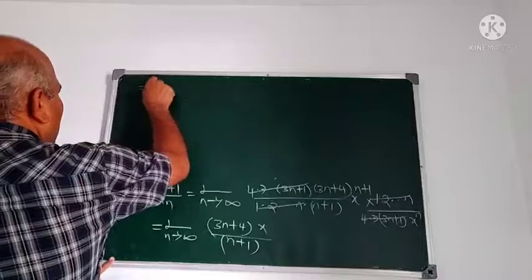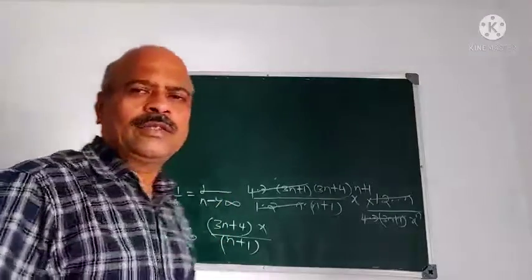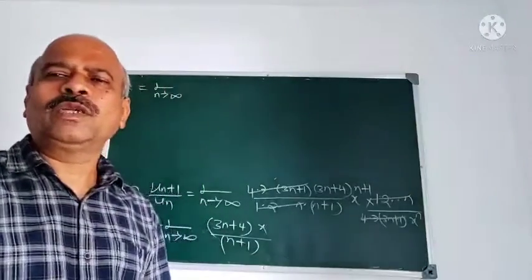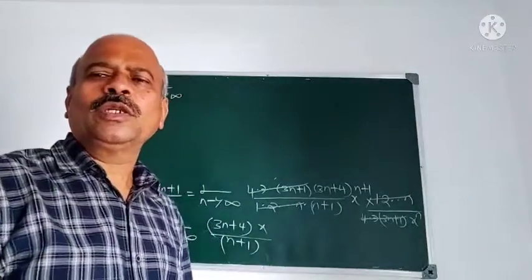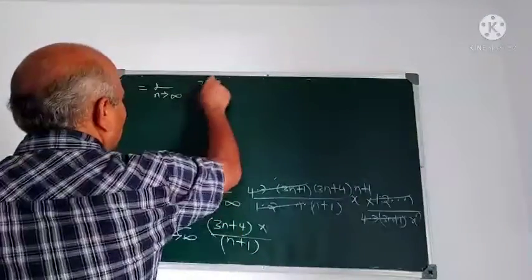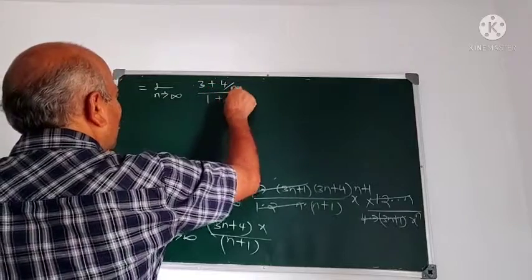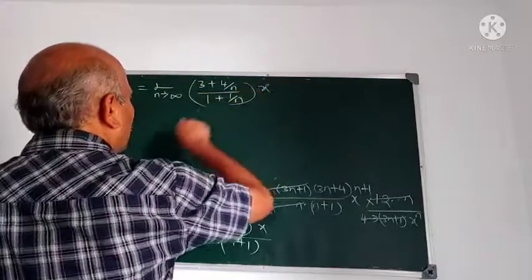How to take the limit as n tends to infinity? Always, to take the limit as n tends to infinity we use 1 upon n tends to 0. So it is (3 plus 4 by n) divided by (1 plus 1 upon n) into x.